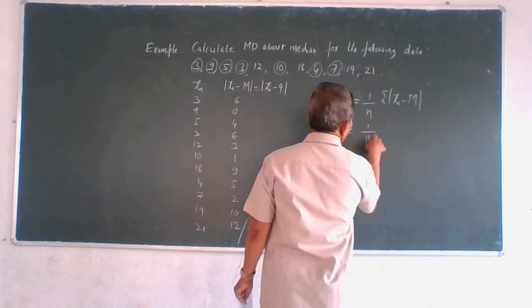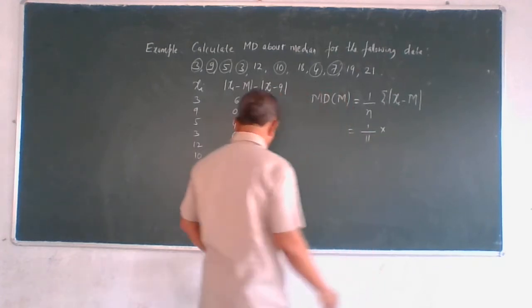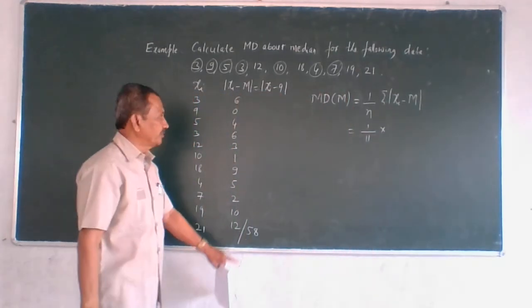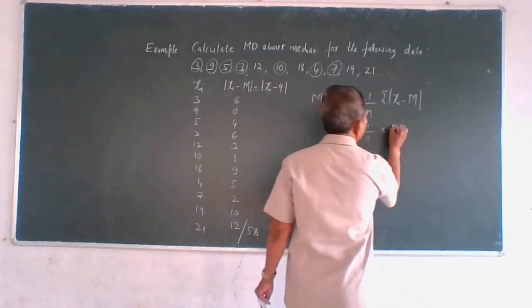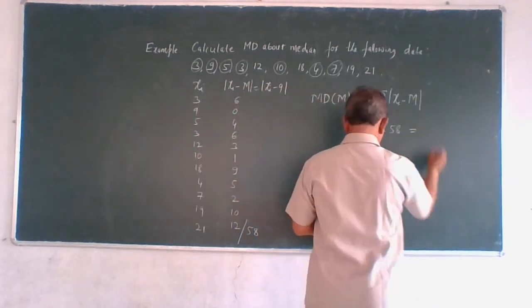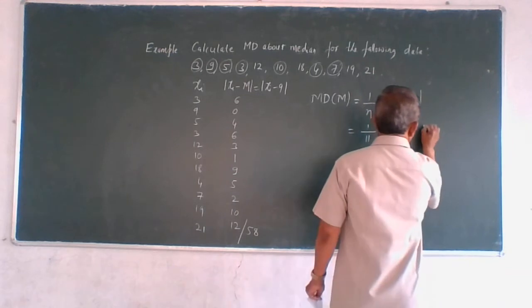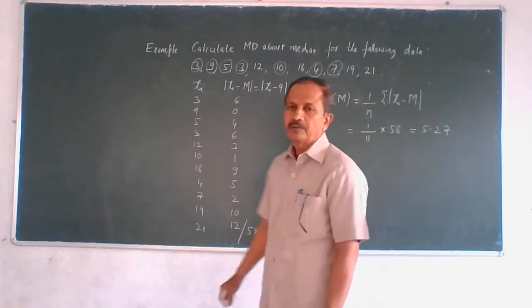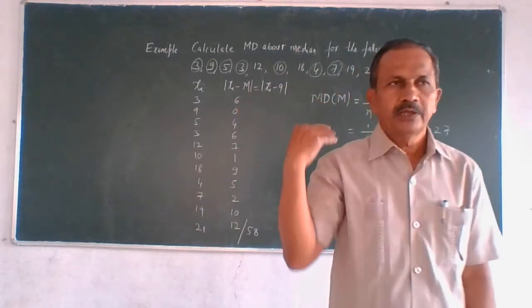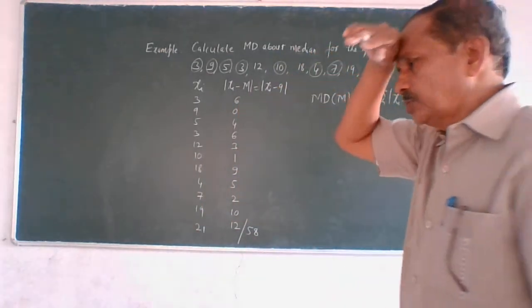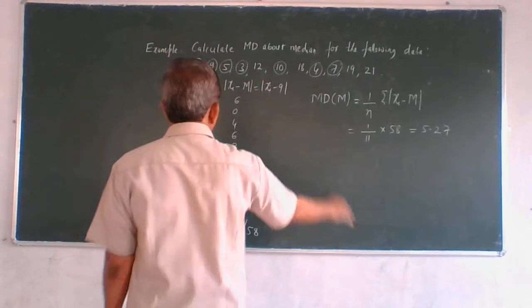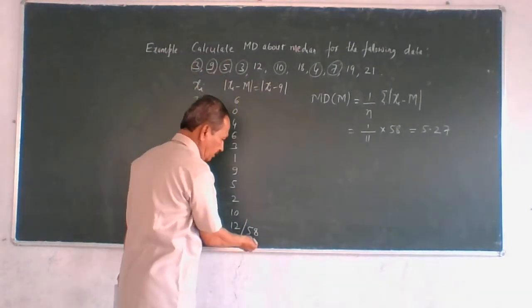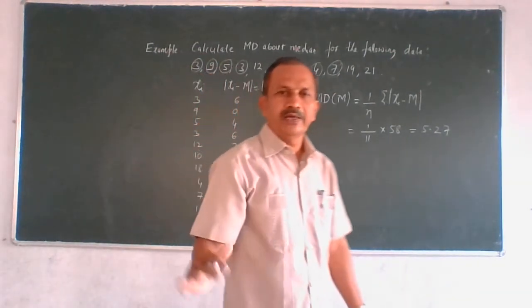So 1 upon 11 into the total. The total is 58. The calculation of this is 5.27. This is the mean deviation about median for the given data. So first calculate the median, then find the deviations, take the total, then divide by n.